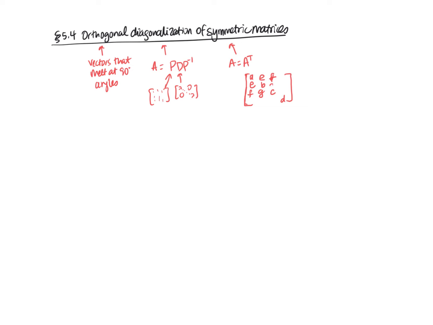If G is here, then G is there, and so on. So you'll end up with a reflectional symmetry, where these entries match up across that line of symmetry. That's why a matrix equal to its own transpose is called symmetric. In other words, if I fold along that diagonal, those entries will match up.